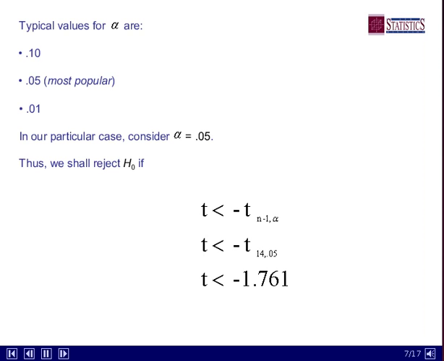So if we look that up on a t-table or use a computer software package to find that value, we'll find that that value is 1.761. So if our t, our distance over variation, exceeds negative 1.761, then we would claim that something has happened and that the pen barrels have probably been made too small and something needs to be fixed.